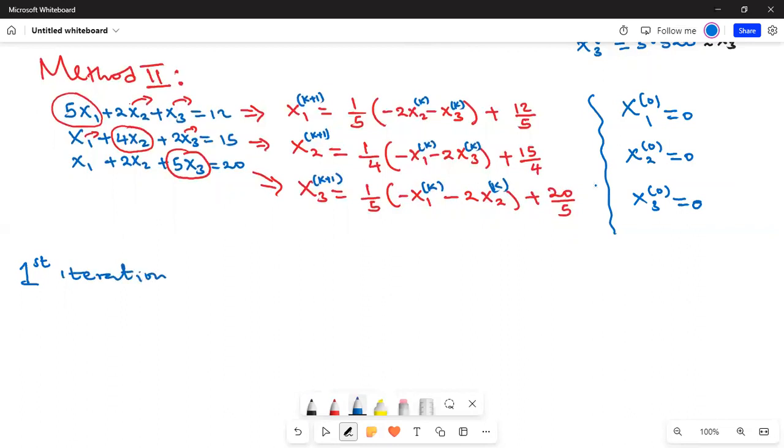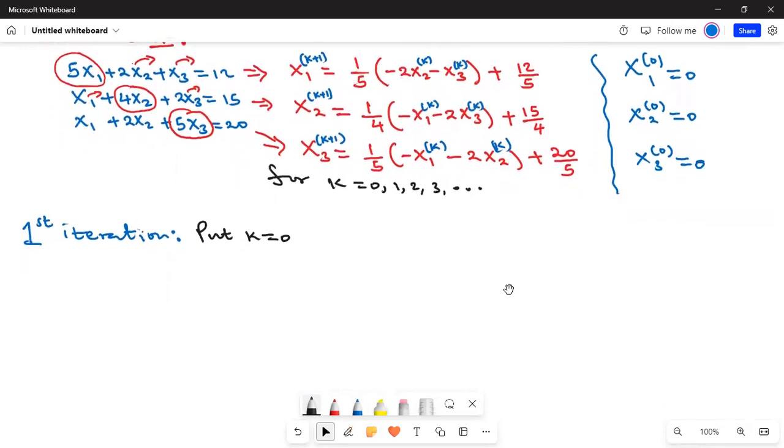We are going to put k equal to 0. Remember I said k is equal to 0, 1, 2, 3, etc., depending on how many iterations you want to perform. So when k is equal to 0, what are we going to get?